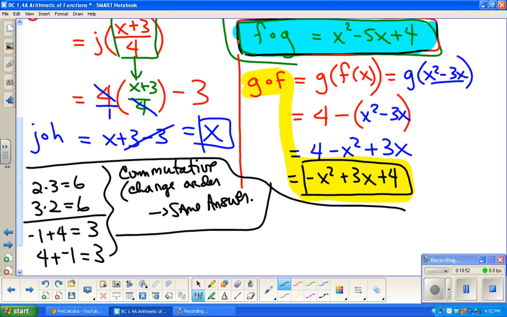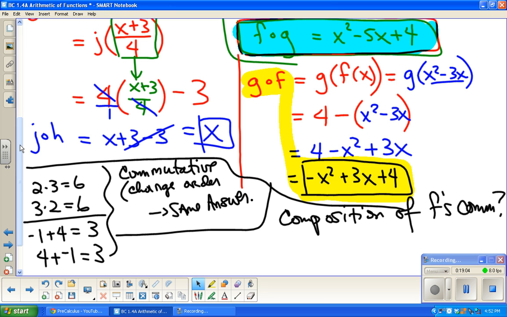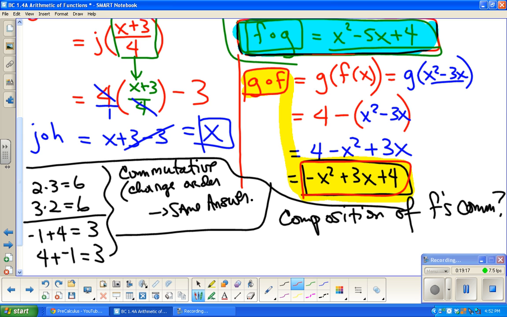What about composition of functions? Is composition of functions commutative? Well, that's the issue here. If I change the order, if I do f of g, this is what I get. If I do g of f, this is what I get. Is that the same answer?